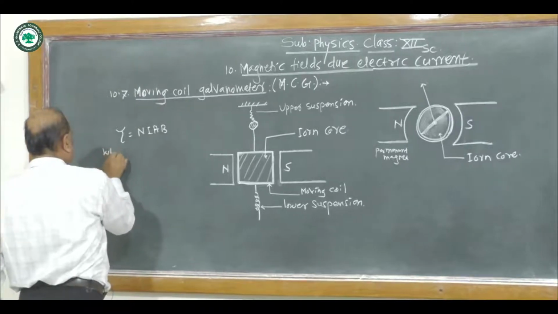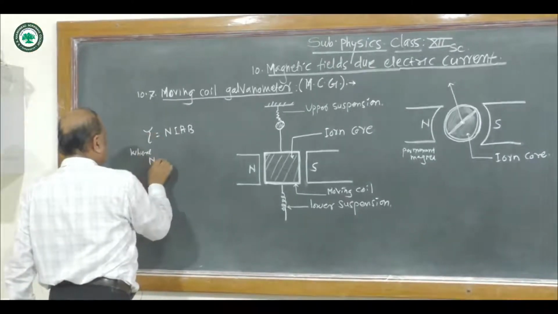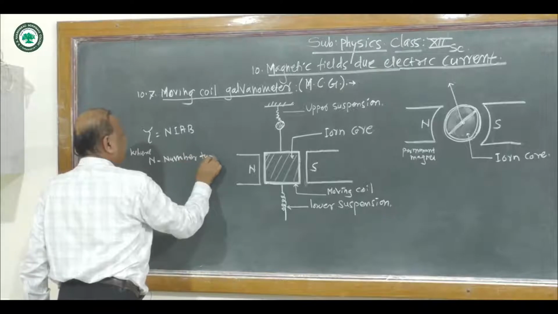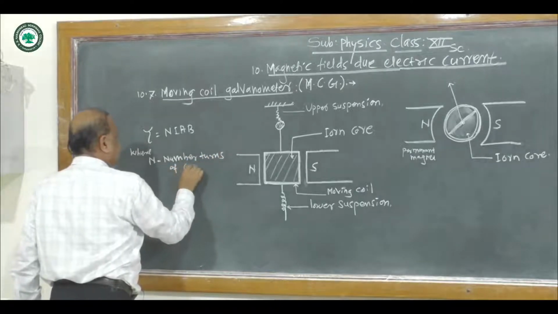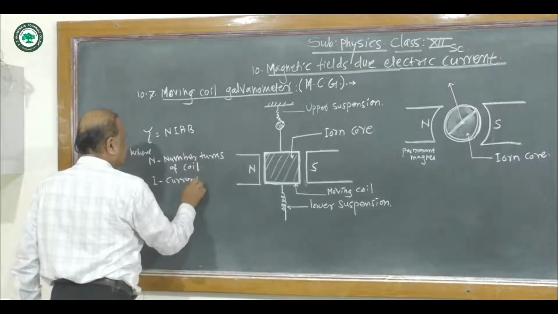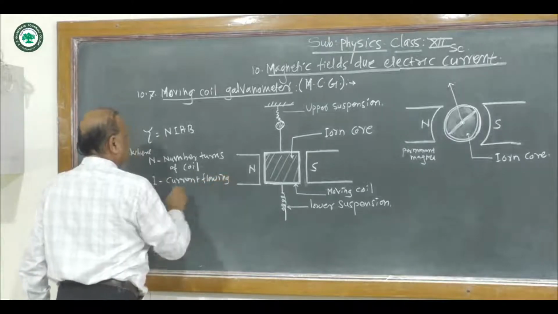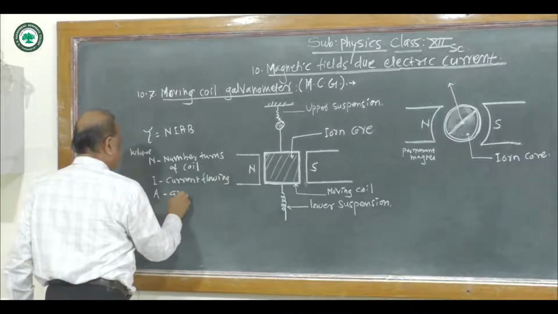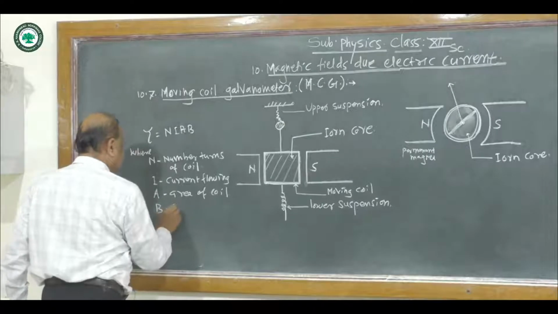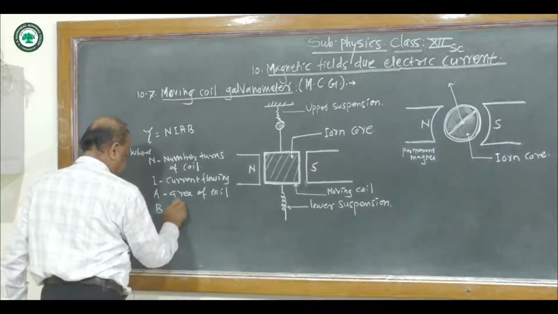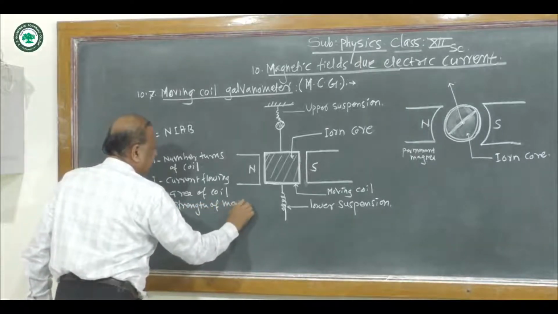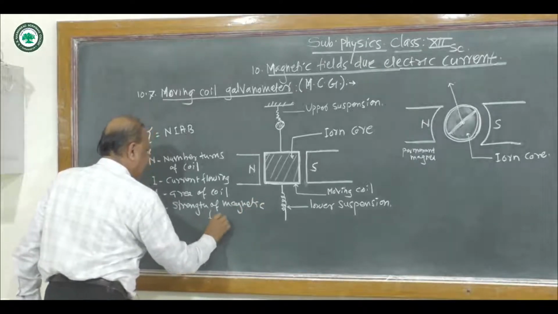Here tau is the torque, N is the number of turns of the coil, I is the current flowing through the coil, A is the area of the coil, and B is the strength of the magnetic field.